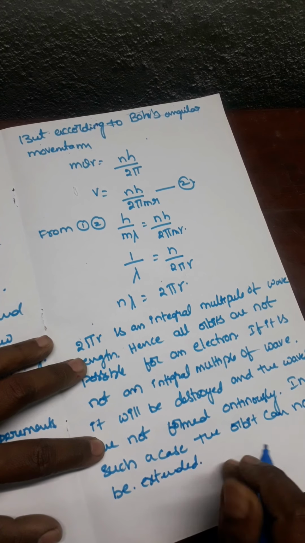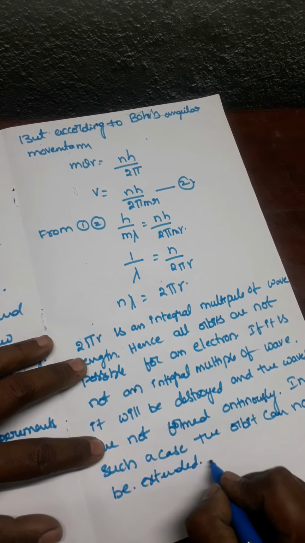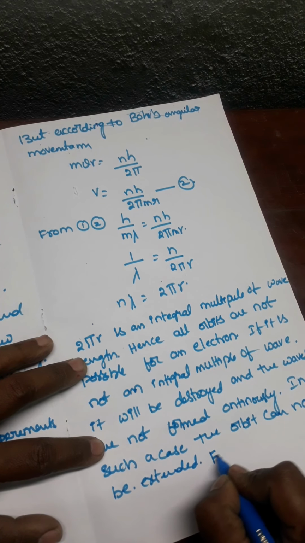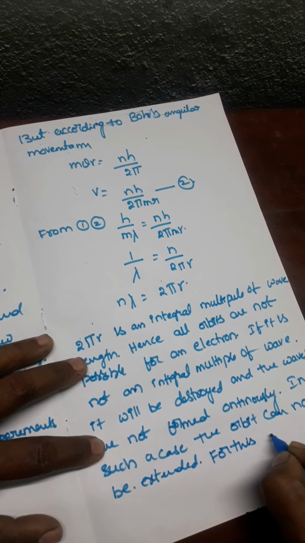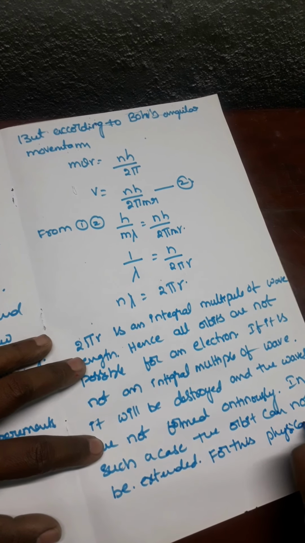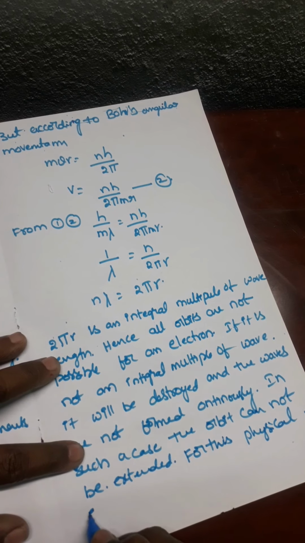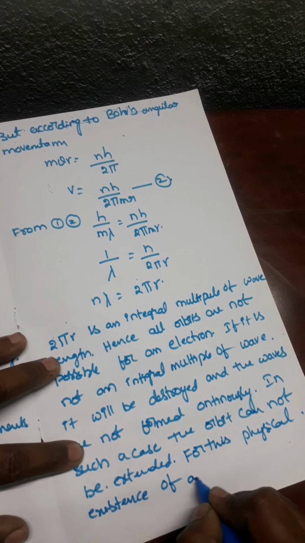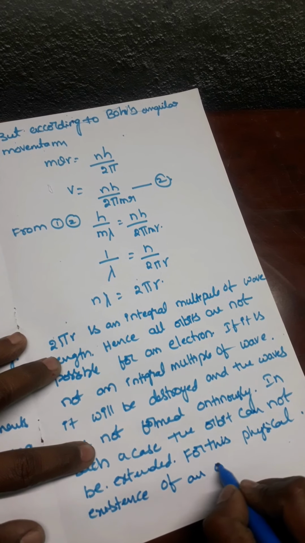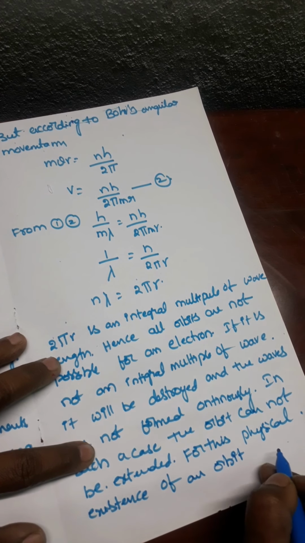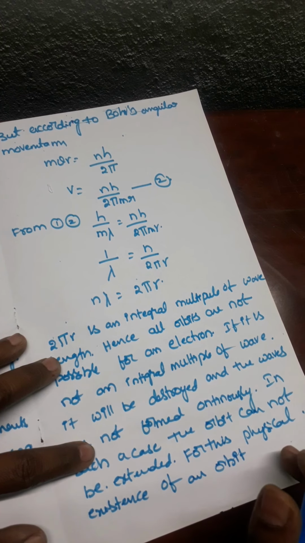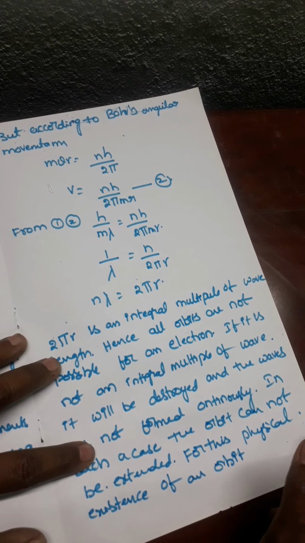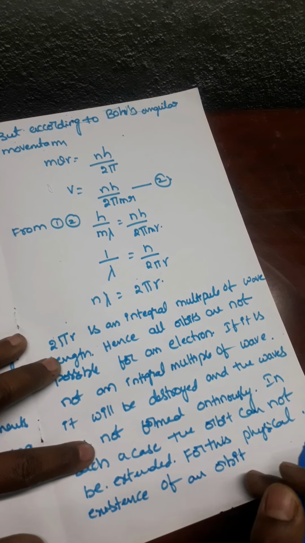Hence, for the physical existence of an orbit, the circumference of the orbit must be equal to an integral multiple of the wavelength.